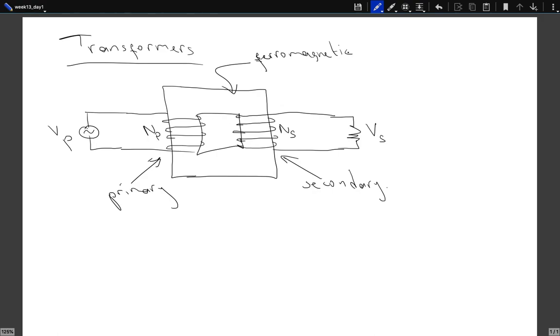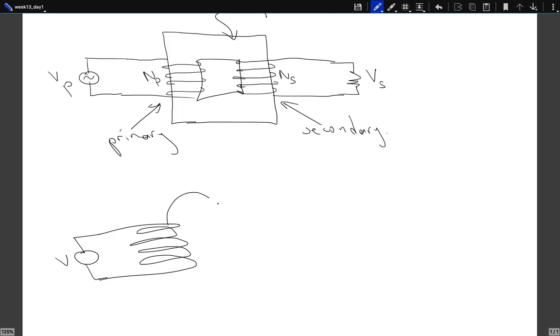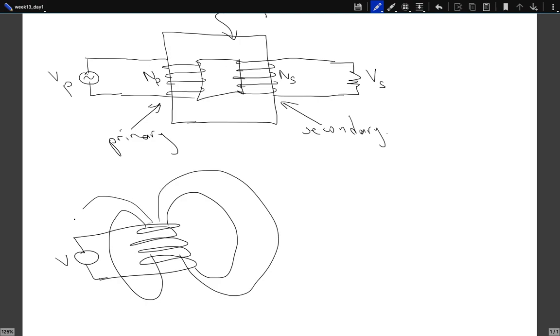If you have a single solenoid, and you send an alternating potential through that solenoid, the magnetic field lines will just look like this. They will spread out.